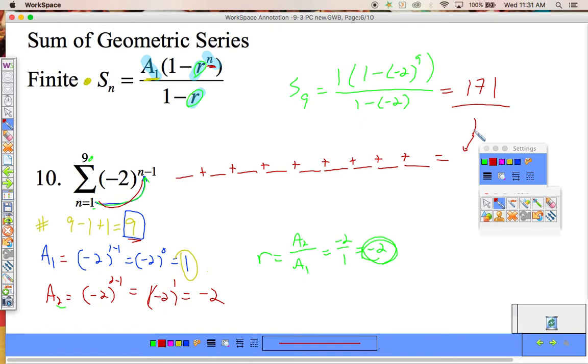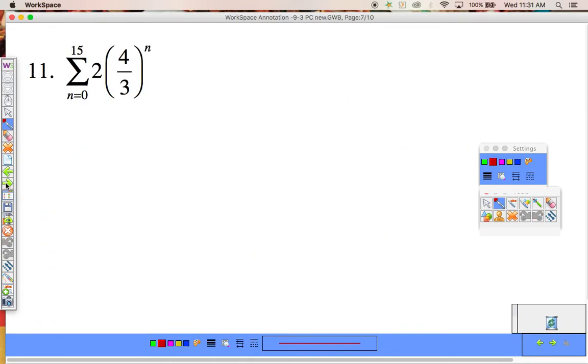All right. Let's do another one like that. So if you want to pause it, work this one on your own a little bit. Find me the number of terms. Plug in the bottom number to get your first term. Plug in the next number to get your second term and divide and get your ratio.